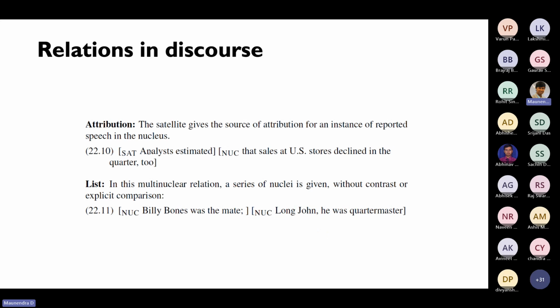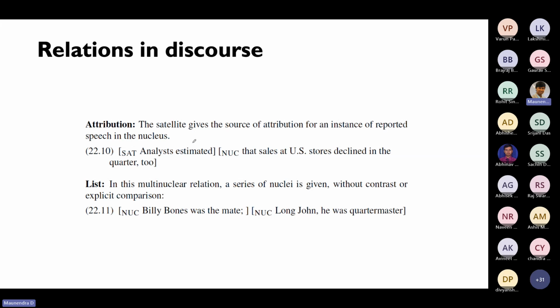Then there could be things like: analysts estimated that the sales at the US stores declined in this quarter too. In the earlier examples, there were two different sentences and there were connections between them. One sentence was nucleus, another was satellite. In this case, it's a single sentence, but there are two parts here.